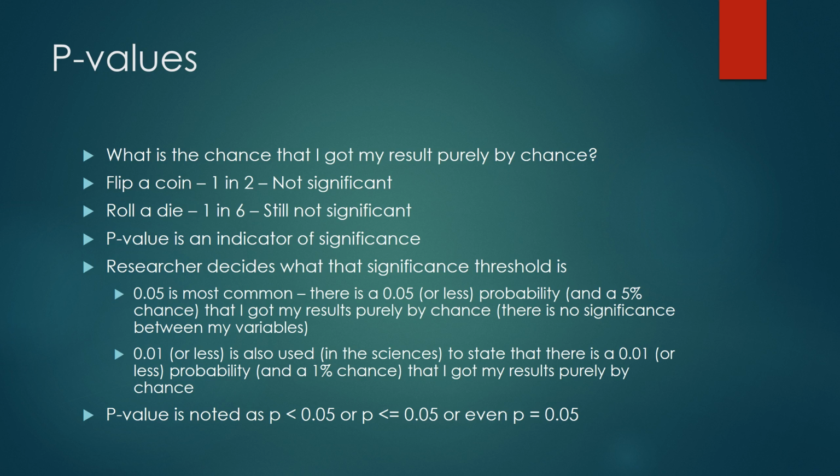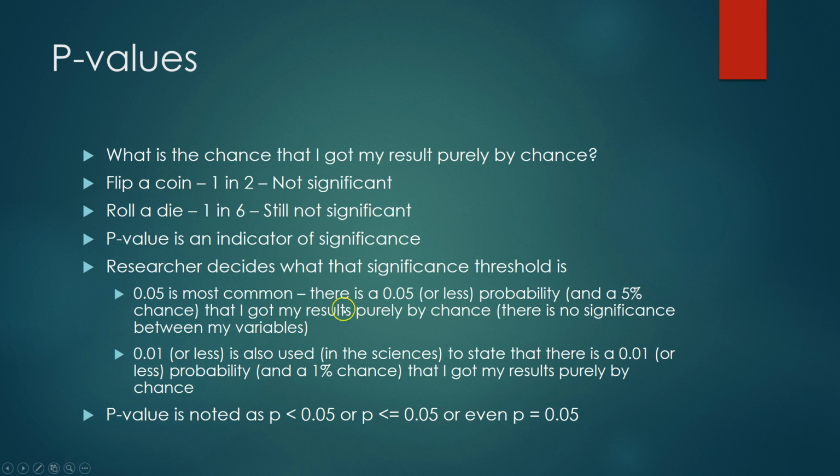One thing that's important for you to understand is that you, the researcher, decide what the p-value of significance is going to be. We call this the significance threshold. 0.05 is the most common. What that is stating is that there's a 0.05 probability or less, which can also be stated as a 5% chance, that you got your results purely by chance.